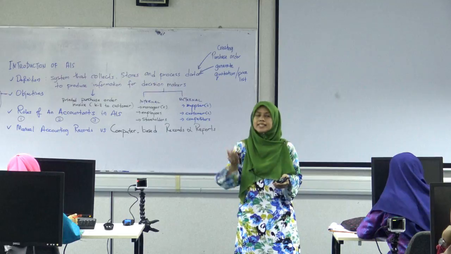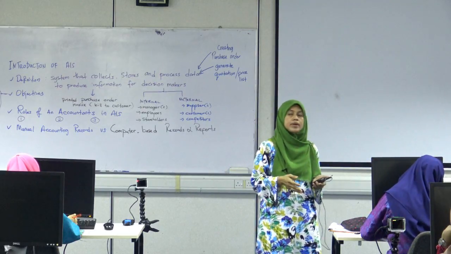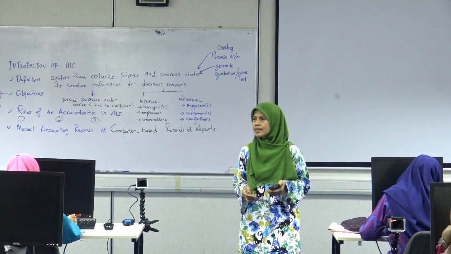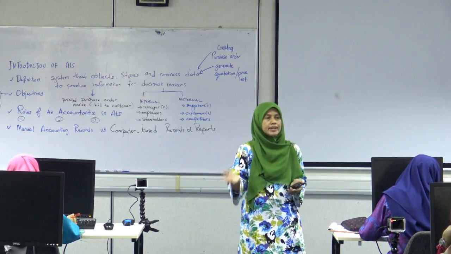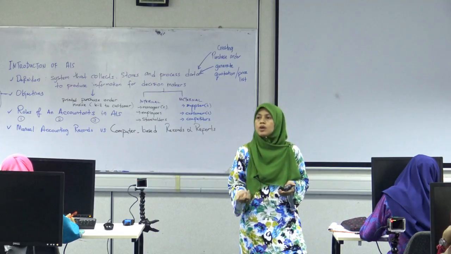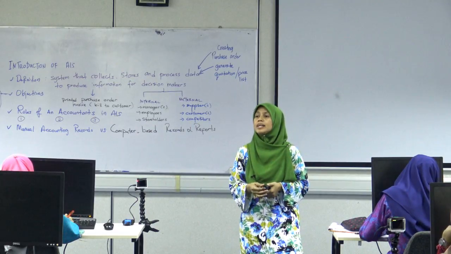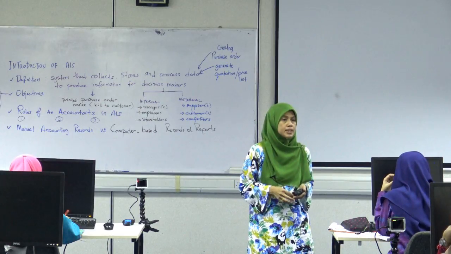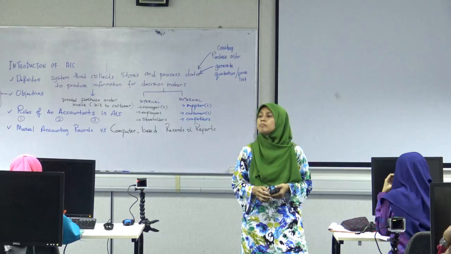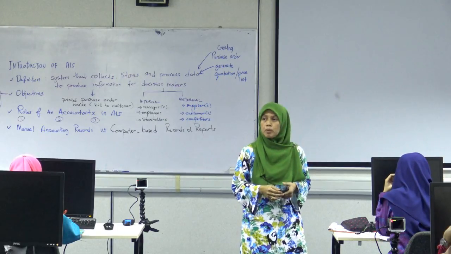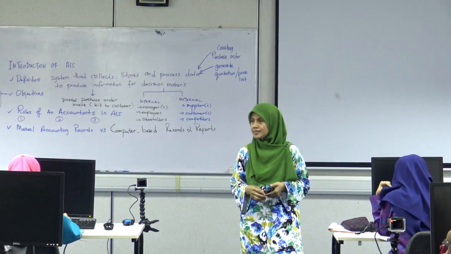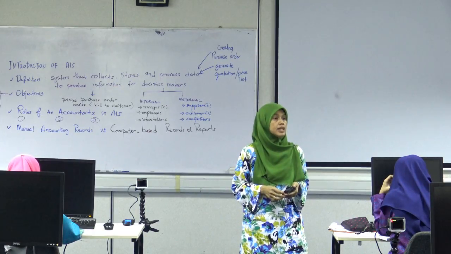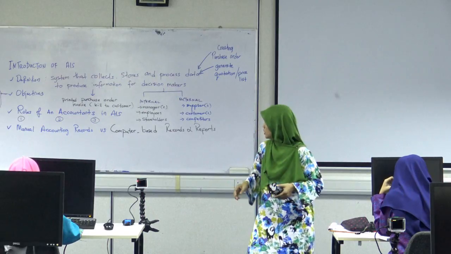At the same time, you can view the report in your trial balance. And almost at that time you can also determine the expenses of the company, because you can check in your income statement the cost of purchase, because your purchases are updated during the process of converting your purchase order to a bill.